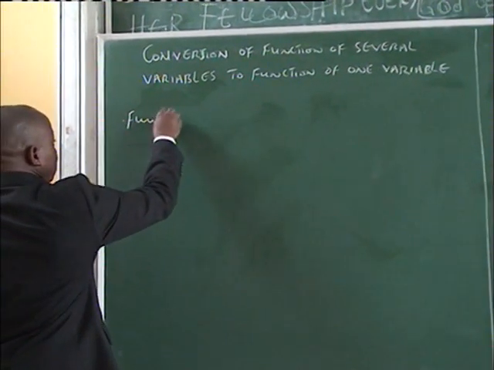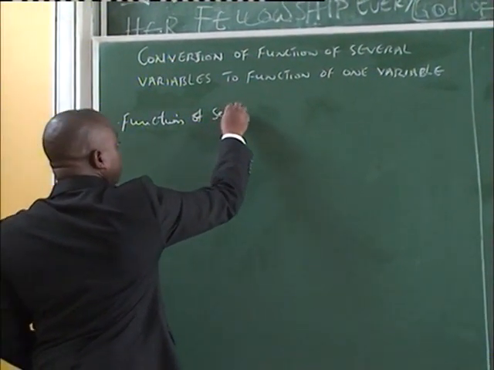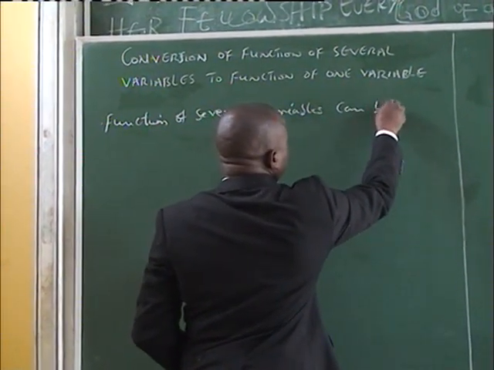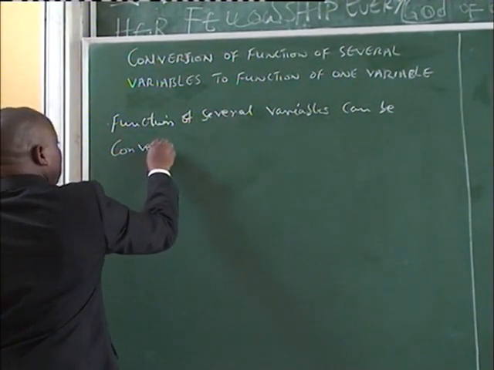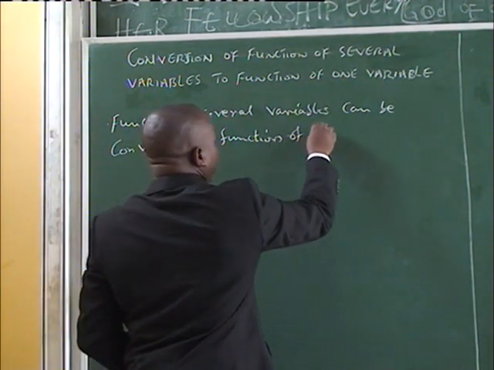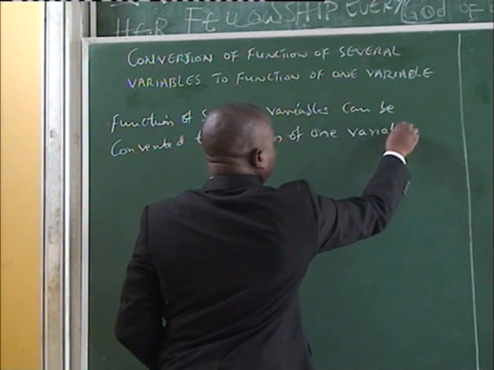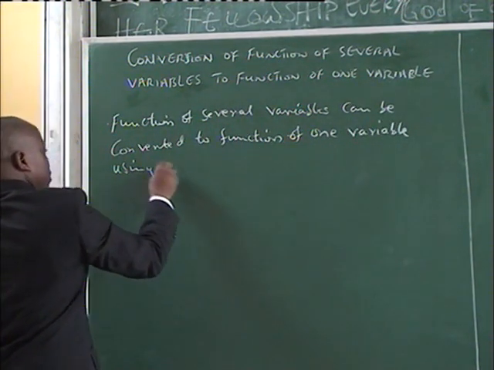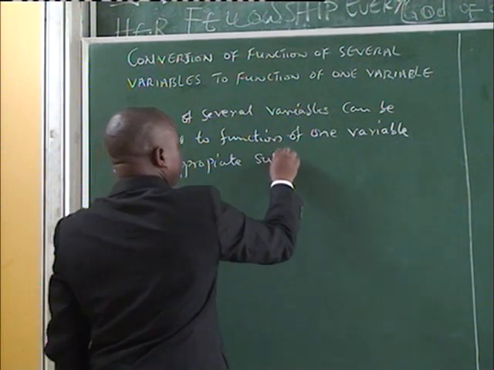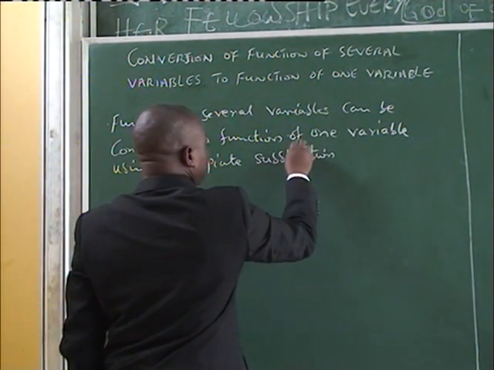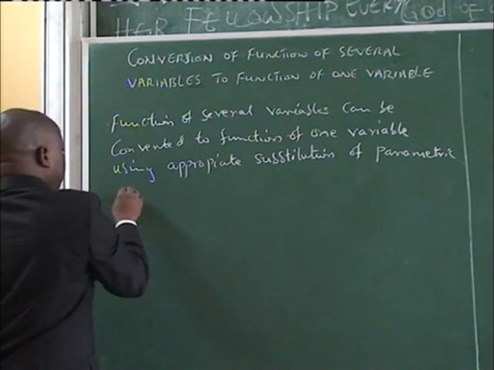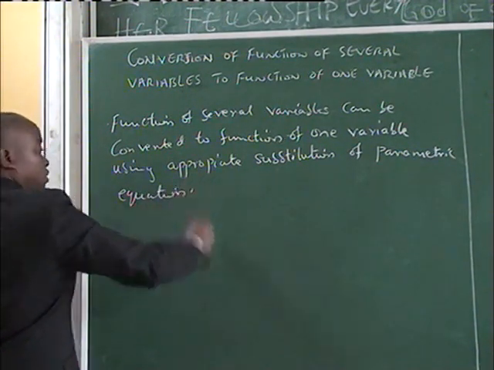Now a function of several variables can be converted to a function of one variable using appropriate substitution of parametric equation.